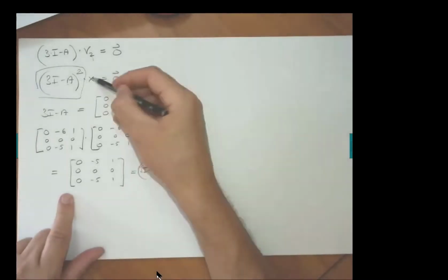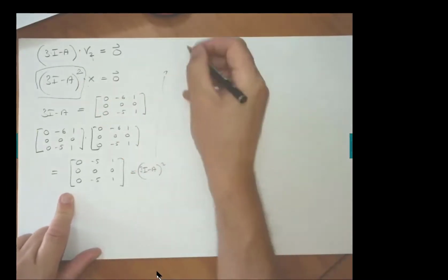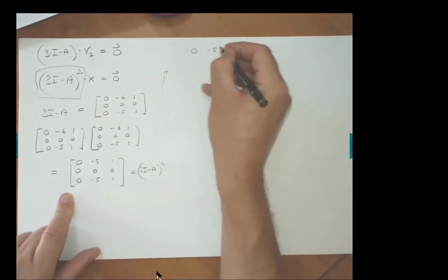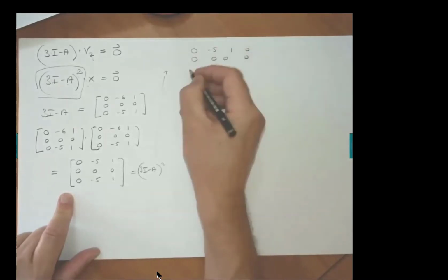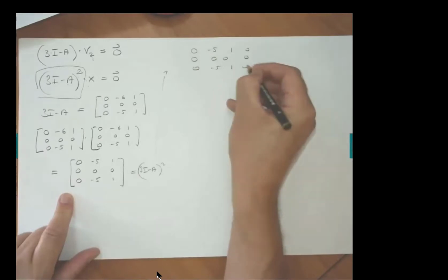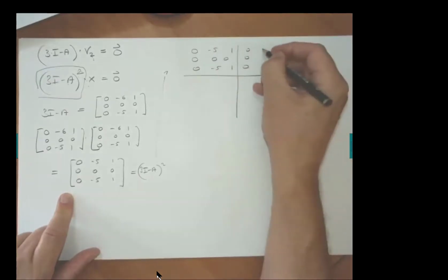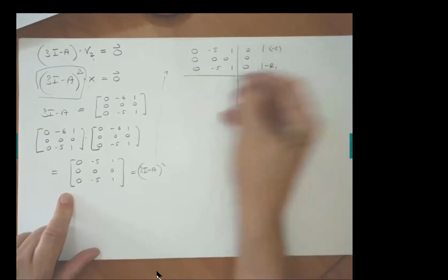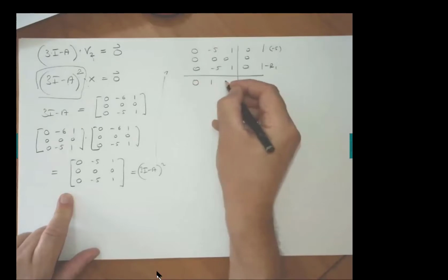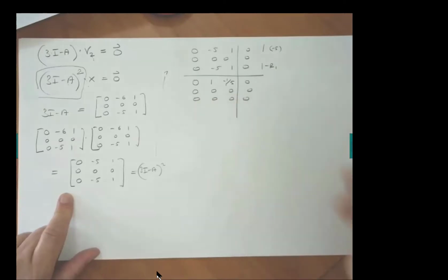So now we solve the homogeneous system again. So we write 0, negative 5, 1, 0, 0, 0, 0, 0, 0, negative 5, 1, 0. And oh, that's easy now. So we divide here by negative 5. We subtract row 1. And we are done.